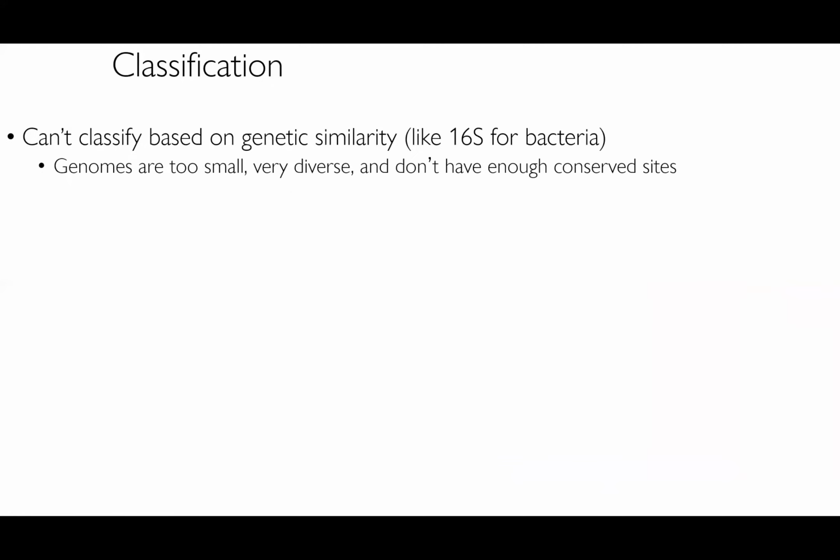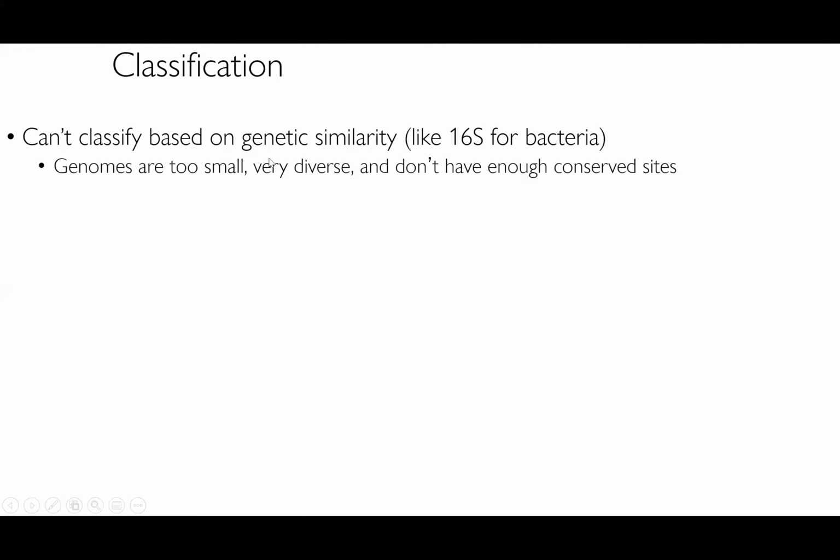And so viruses are classified in a much more primitive way than we do with bacteria or archaea or even eukaryotes. They don't have any common genes like the 16S ribosomal RNA gene. Their genomes are a bit hard to use to classify them because they're generally extremely small, on average say nine kilobases, or 9,000 bases long.